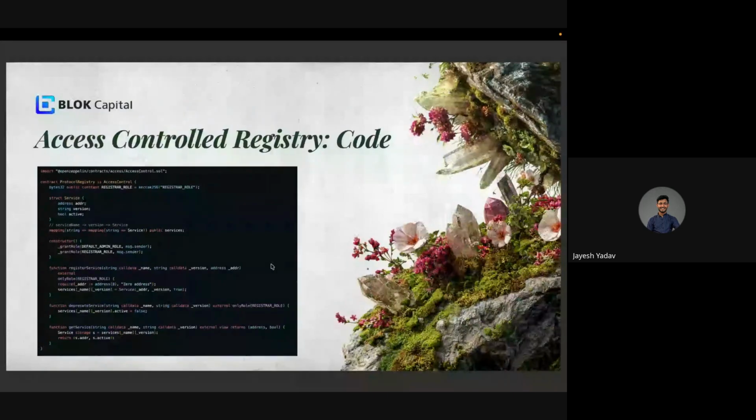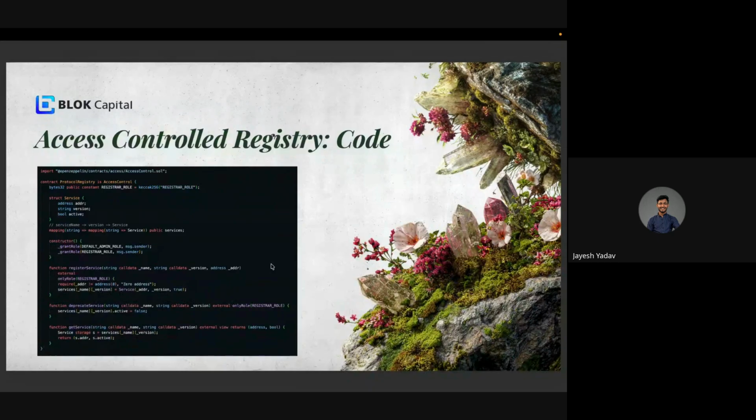So we have a service struct with address, string version, and boolean active, and a mapping of string to service, public services. In the constructor, we grant the default admin role and the registrar role to the message sender.